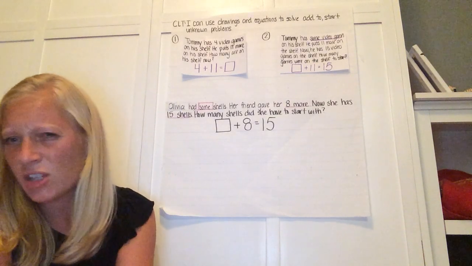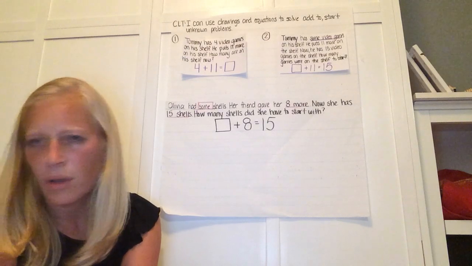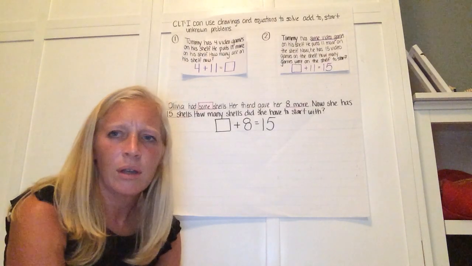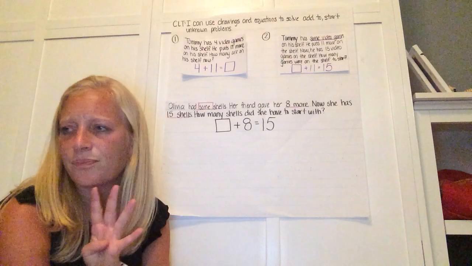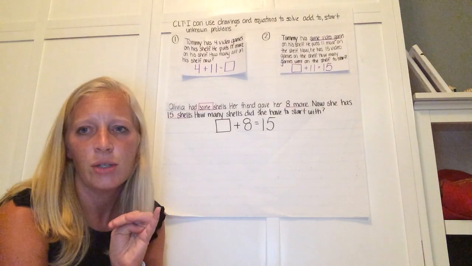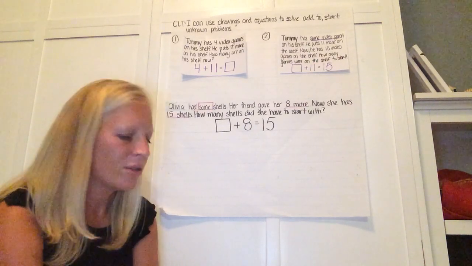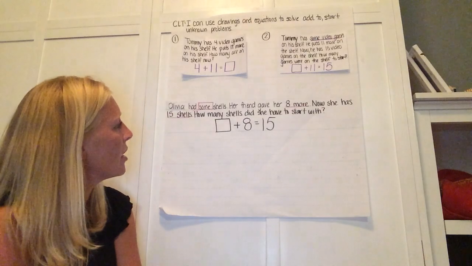What equation would you write to match that work? Okay, we're going to be coming together in 5, 4, 3, 2. Pencils should be down by the time I get to done. 2, 1, and done. Pencils in the resting spots and eyes are up here.